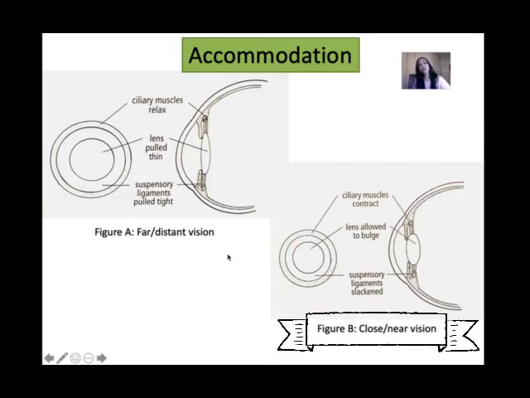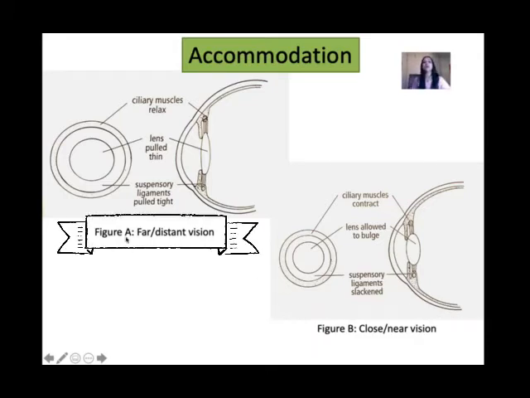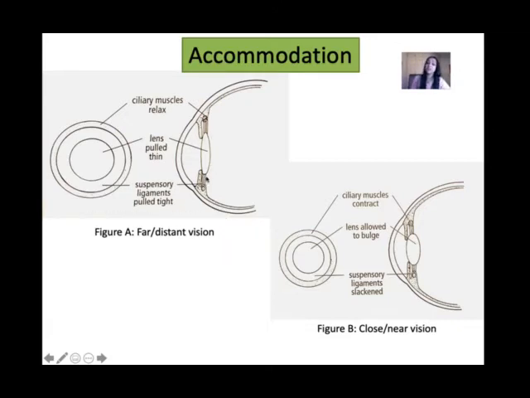But when we look at objects in the distance, far away from our eyes, we notice that the lens is less convex. What do I mean less convex? It means that the lens shape is less rounded. And if it is less rounded, the light that's going to be coming through will be refracted less or bent less. So that we can now see the image that's far away very clearly.